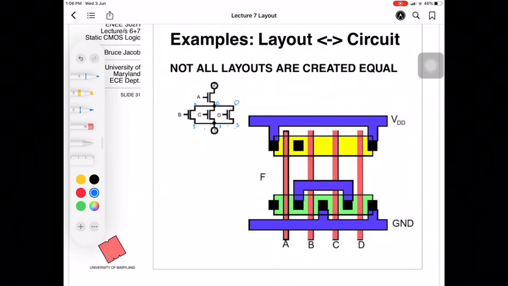So here, this connection over here, this is the ground connection. So let's check. It is connecting D, the source of D here, to ground. So this is connected. This is the source of B and C connected to ground. So you have this connection.